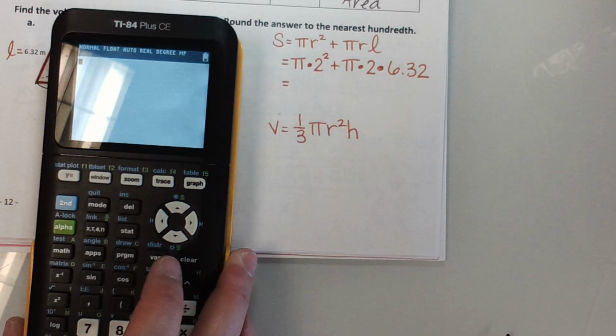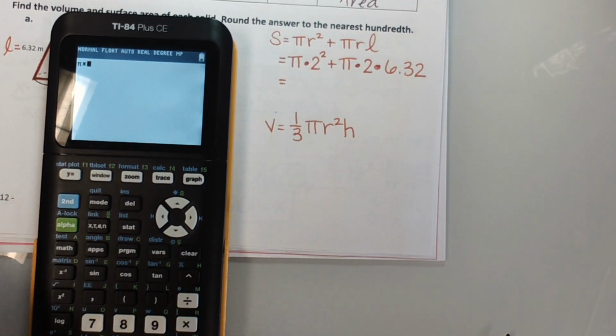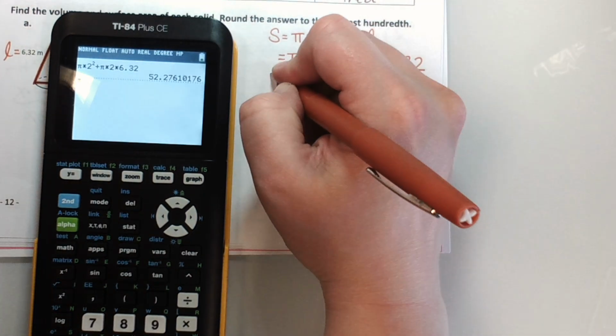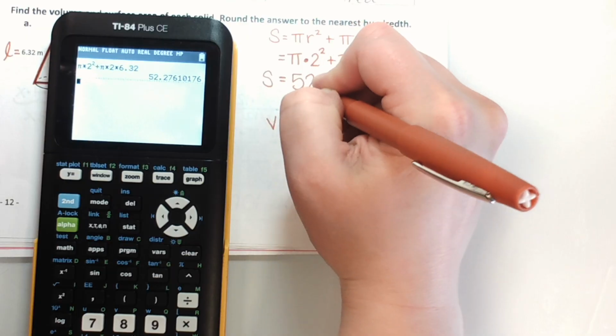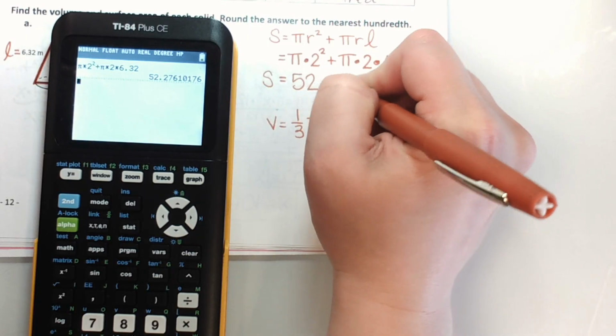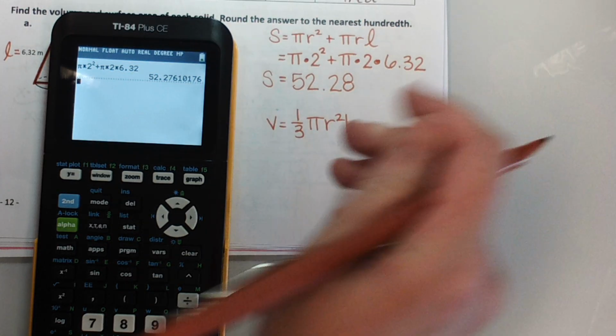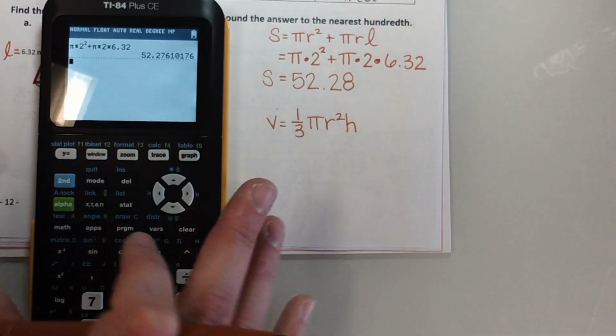And I just type that entire thing in. Rounding to the nearest hundredth, 52.28 meters squared.